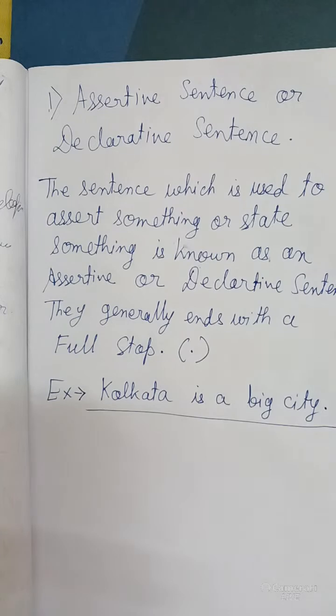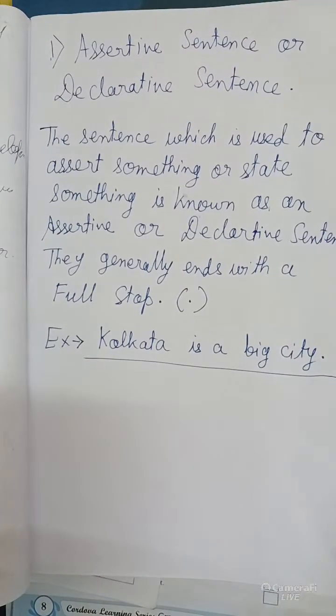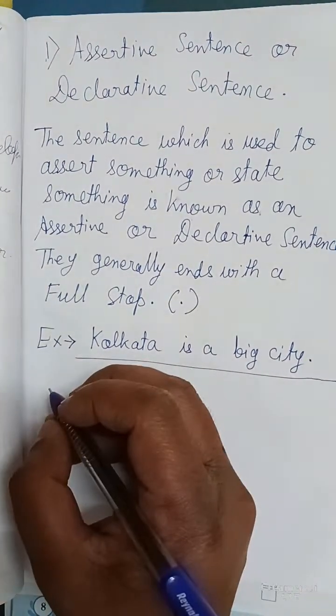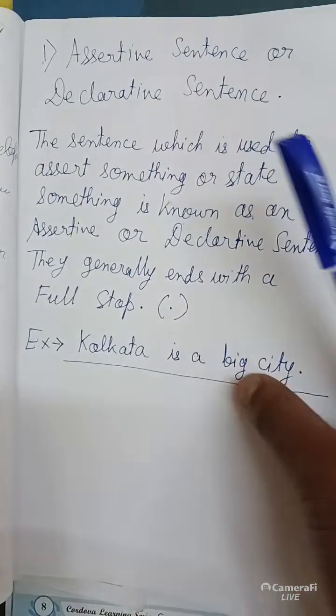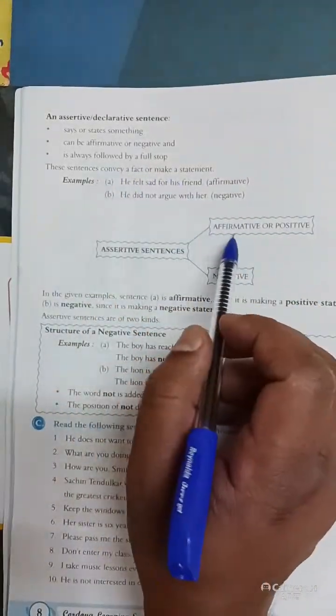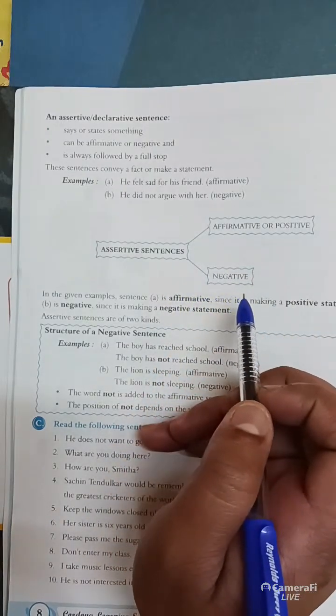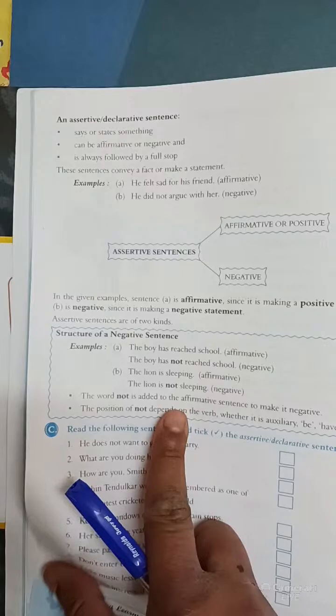As we know that assertive sentences are of two types, we will now write the two types of assertive sentence. What are those two types? First is affirmative or positive and second is negative sentence.